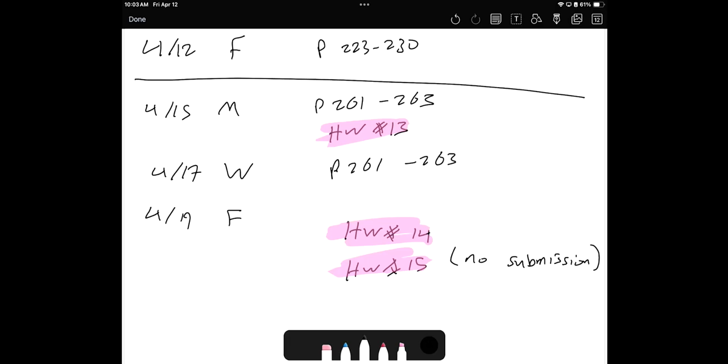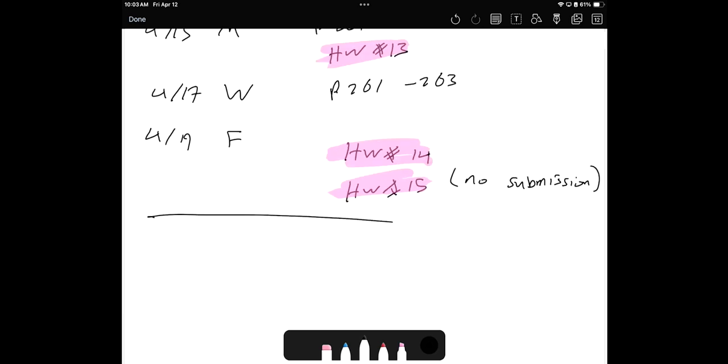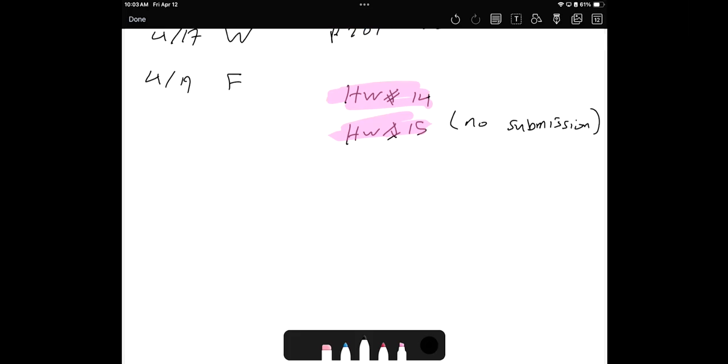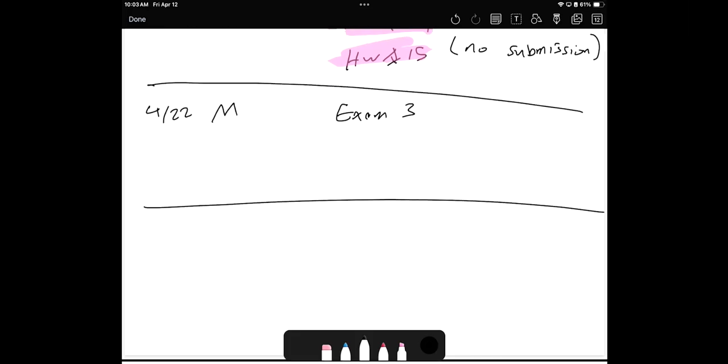Then, as we know, Monday, what's the date? The 22nd? It will be exam 3. So exam 3 will include Fourier series, Fourier transform, and some important tables.